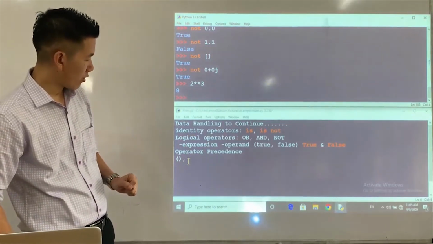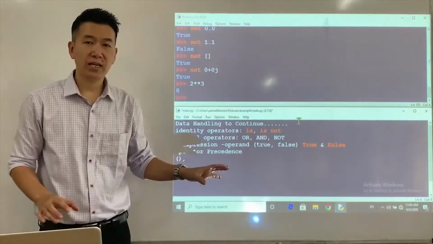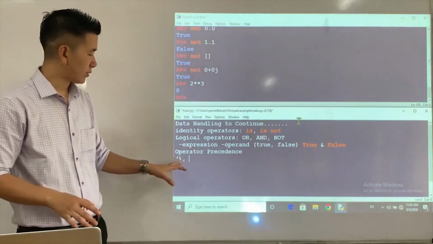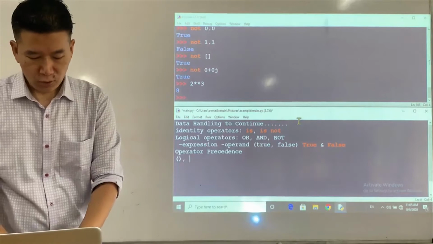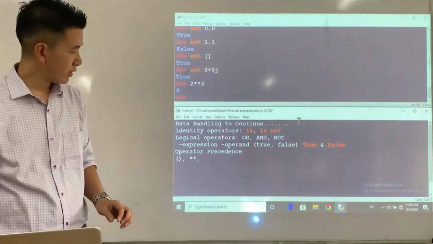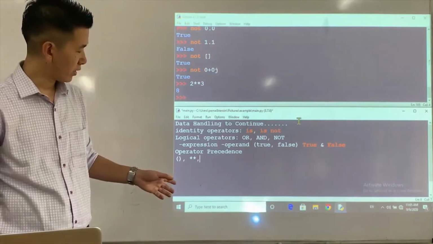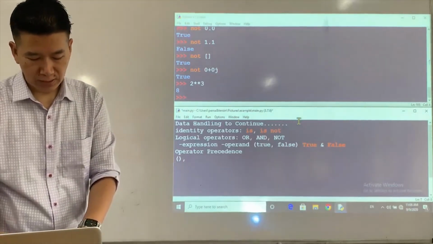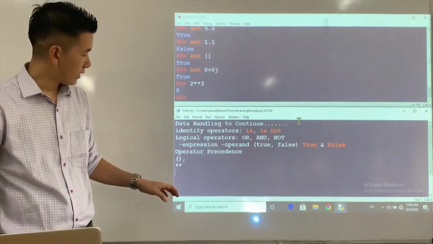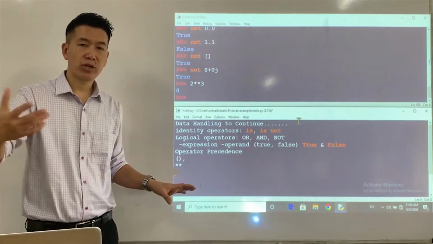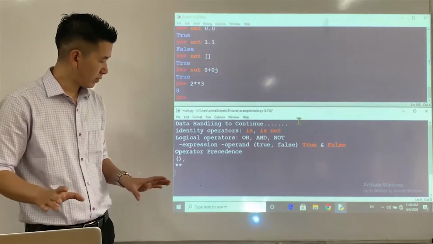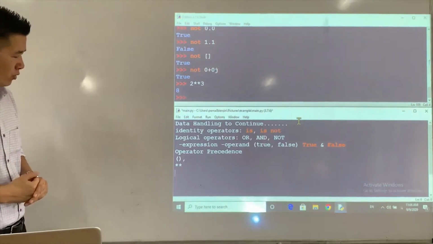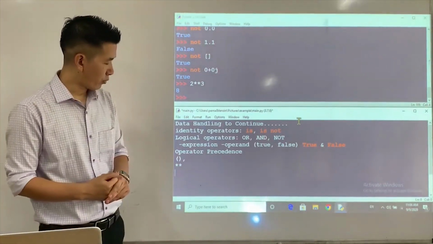Even though there are many operators, I'll just highlight those which we'll be using in the current chapter. After the exponentiation operator, you have the unary plus and unary minus, but I'll leave that aside. Then comes the rest of the arithmetic operators.